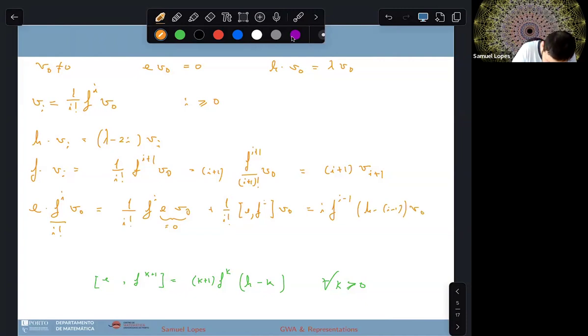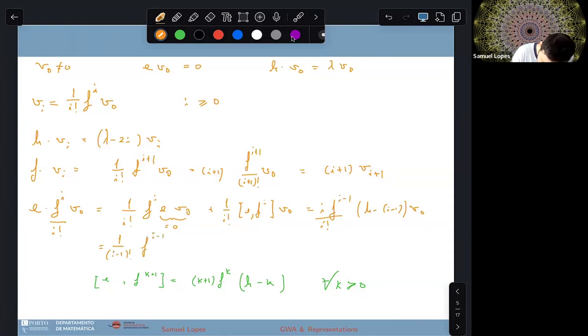If I didn't make a mistake. If I did, it won't be too serious. Well, one mistake is I already forgot to divide by i factorial. Now this i factorial with the i in the numerator will cancel, so I'll get 1 over i minus 1 factorial.